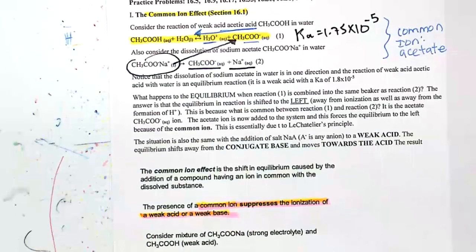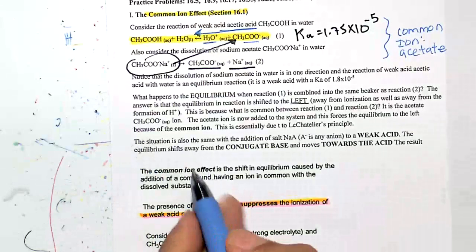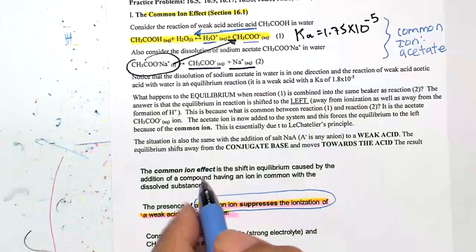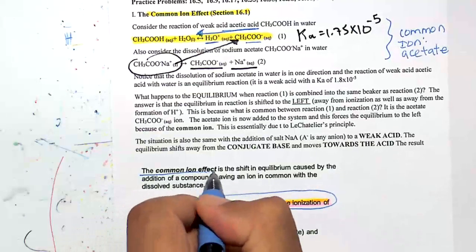That's the key point here. Common ion effect suppresses ionization. Now I'm going to move on to page 2. That's what I want you to recognize.